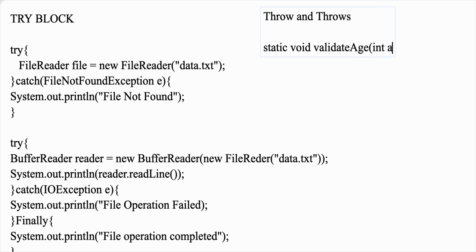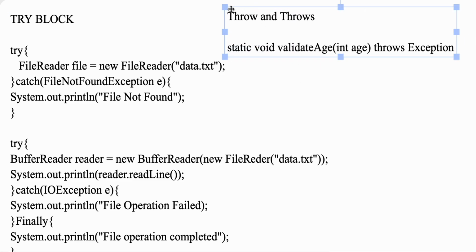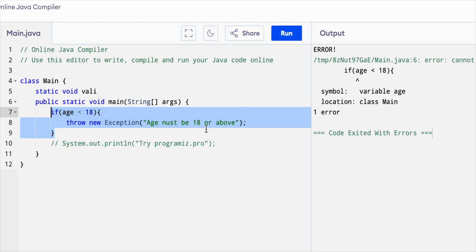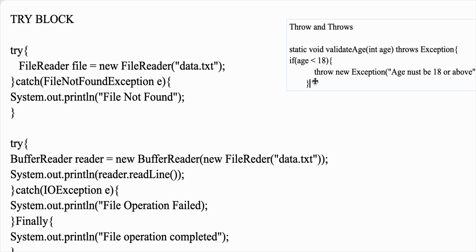Here we need to put the age, and here we need to declare the exception. So this is for throw, which explicitly throws an exception, and throws means declaring the exceptions a method might throw.